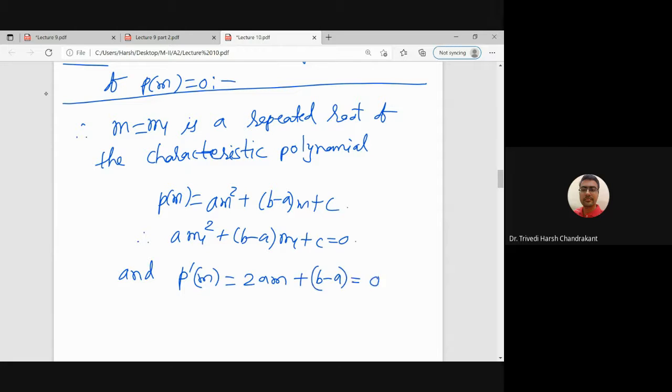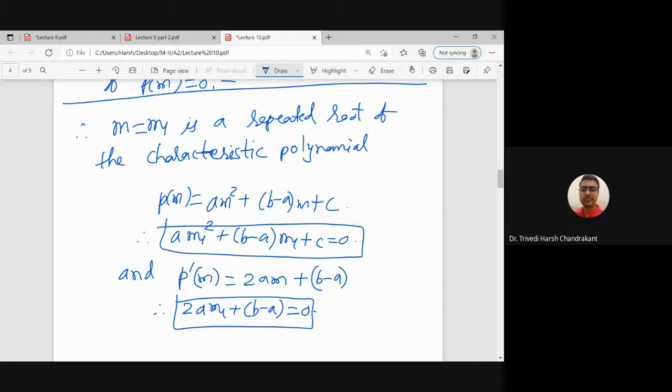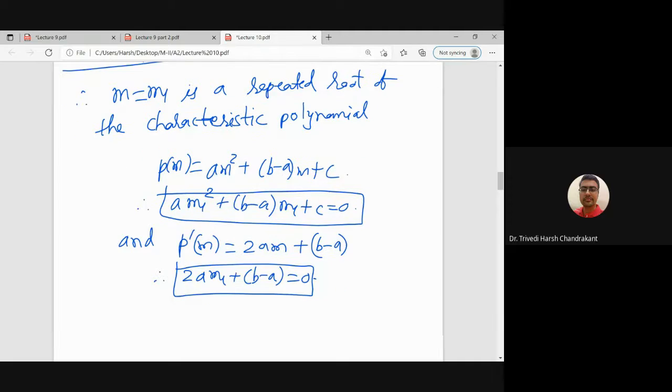Since it is a repeated root, it is also a solution of the derivative of the polynomial. So 2am1 plus b minus a is equal to 0. We shall use these two equations in finding the general solution.